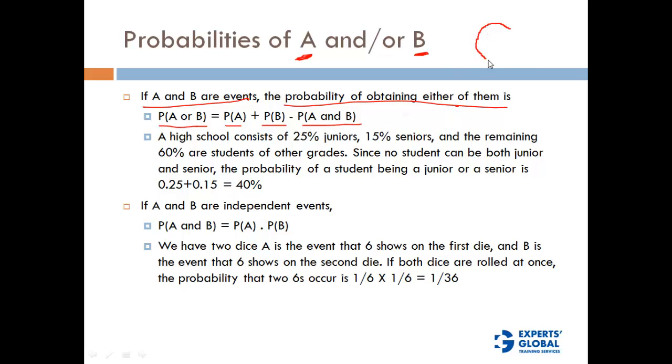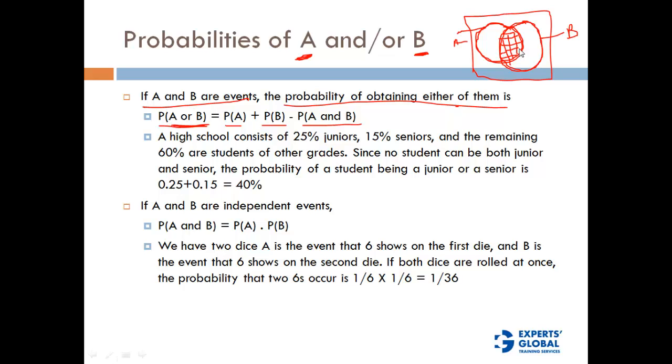Now the easiest way to understand this concept is looking at the Venn diagram. Let's say I have this Venn diagram. This represents A, this represents B. I want to make sure that I get this region, A or B. That means I am choosing a point and finding out how many points I have within this region, A or B. You will see that it includes A, it also includes B, and the tricky part here is that the region common to A and B is being included twice, right?